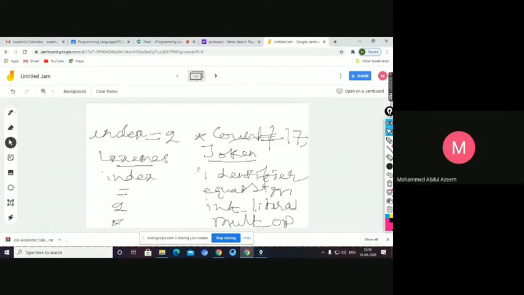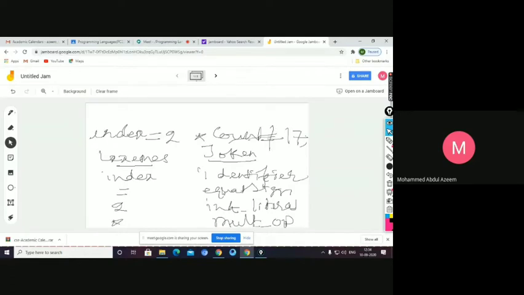What do you mean by token? A token is a category of lexemes. Index belongs to identifier because it's used to identify a certain value or data type.